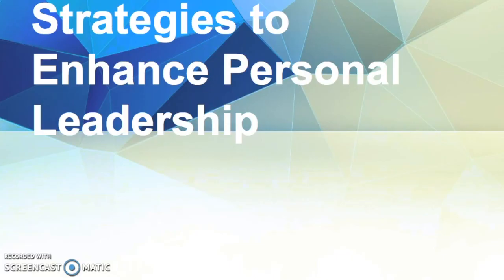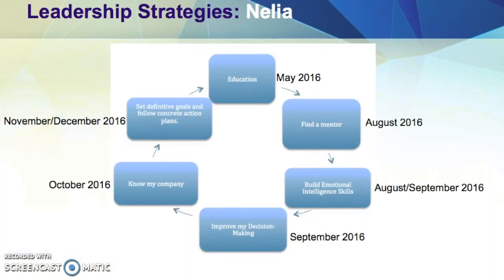Gloriana, Leslie, and myself will discuss the strategies to enhance personal leadership. I will start with education because I want to continue to improve in every possible way, and this will be ongoing. During this month, I already found a mentor, and she will be sharing with me her experience, skills, and knowledge.